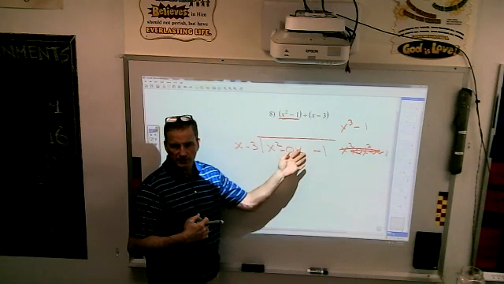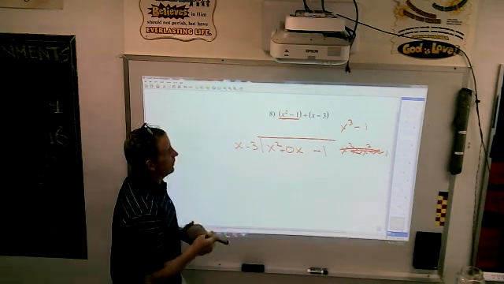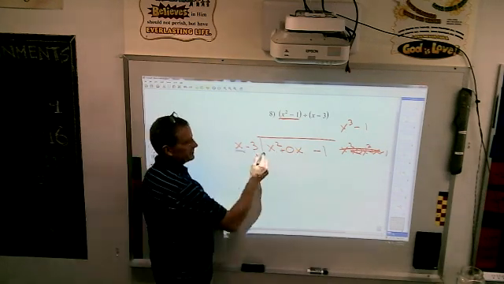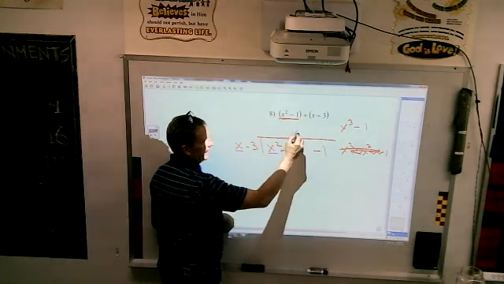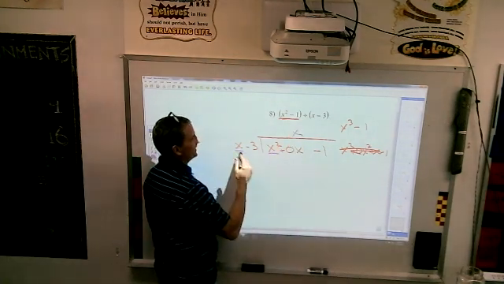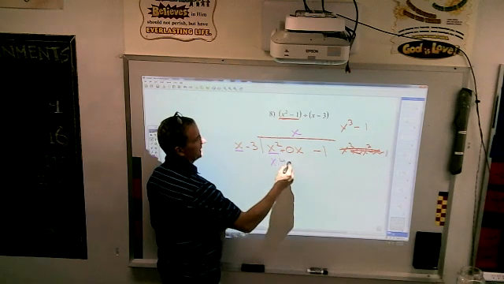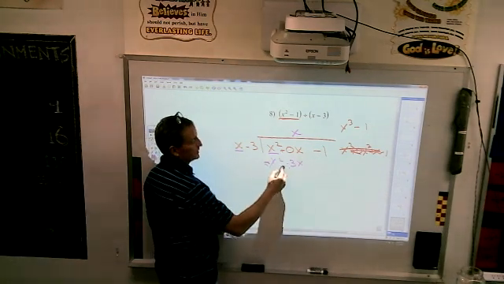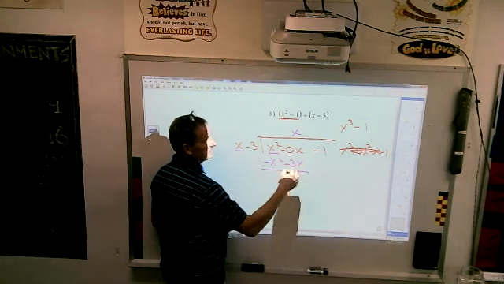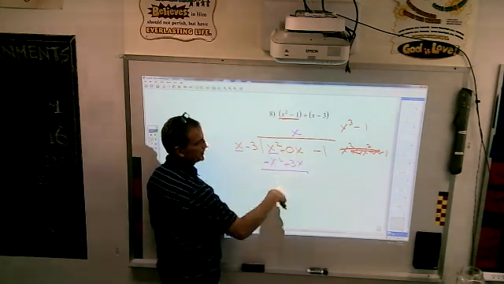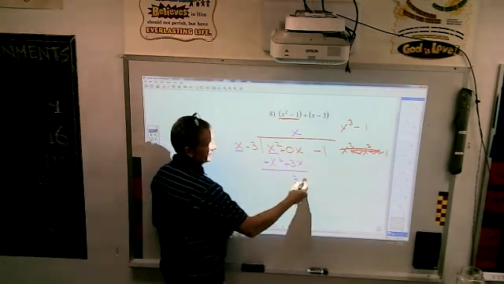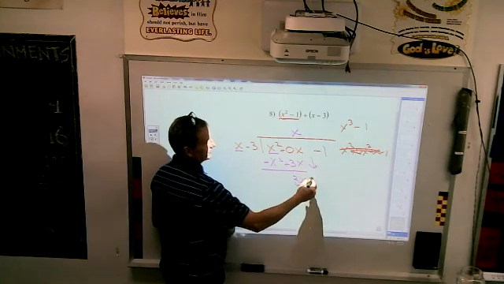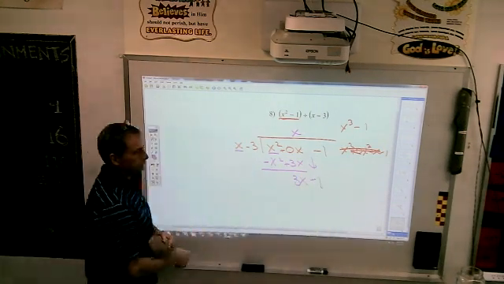So here we go. Same thing: what times x gives me x squared? I need an x. I do the multiplying, I get x squared minus 3x. I do my subtracting, this changes to its opposite, this changes to its opposite. I just put that 0 there to hold the place, because you're just going to get 3x when you do that. Then you subtract, you get a negative 1.